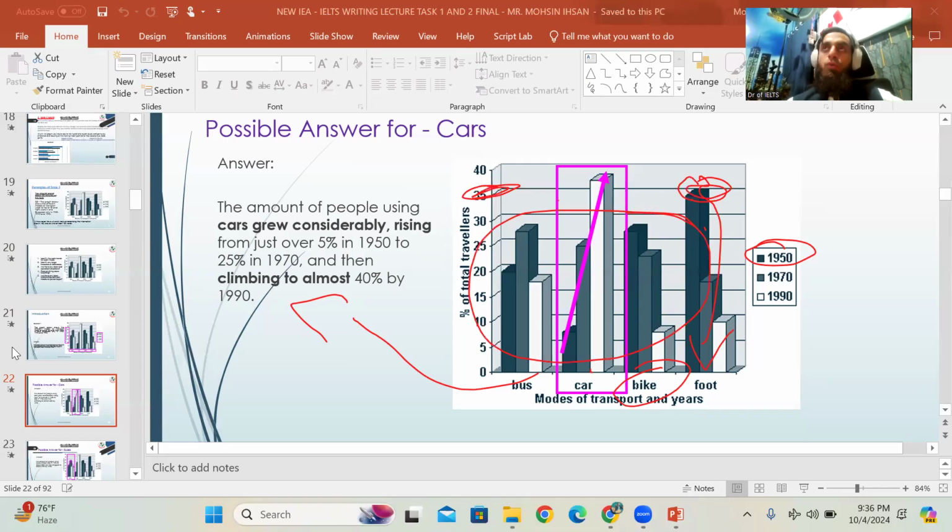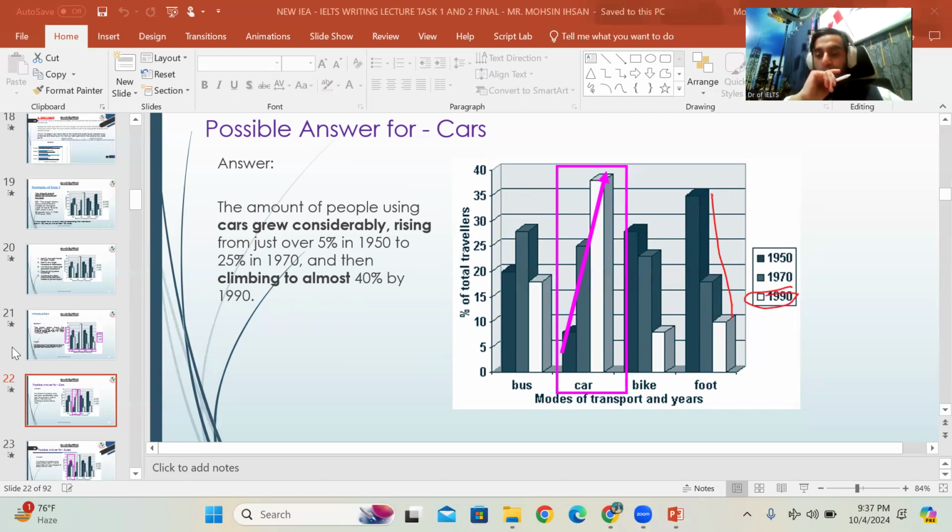But in the overview, we will directly mention which one is at the top position. At the end, it declined, and it was in use around about this in 1990. We will write that it was in second position next to the usage of bike, or the bike usage, both will be right.